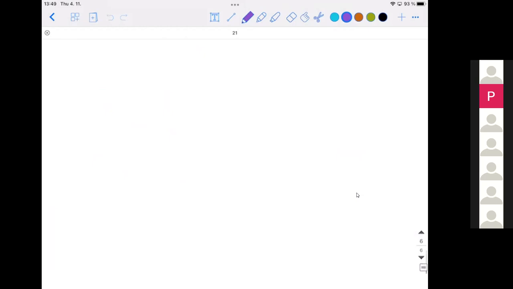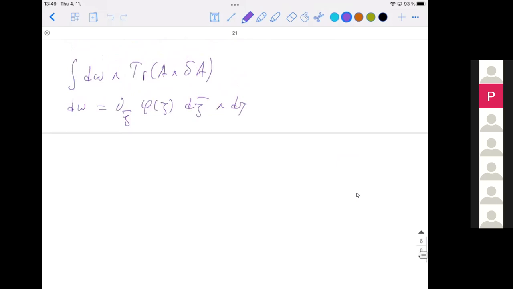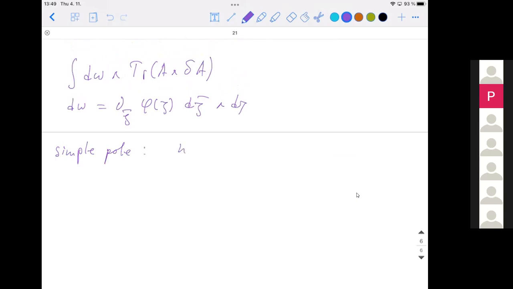Okay, so if you have just a simple pole, then we can write this omega just like this, dz, and then this distribution will look like this.